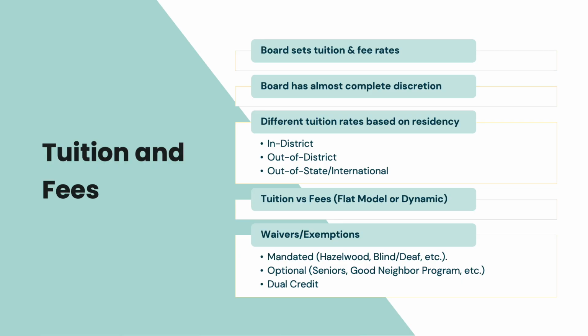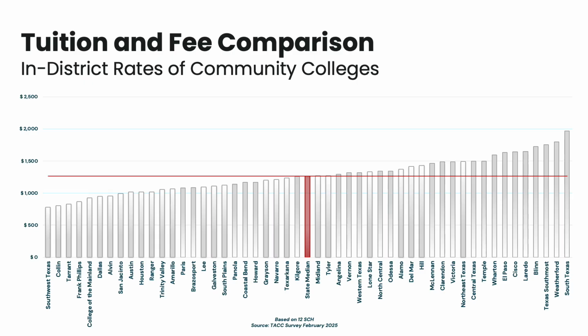So kind of going back, the reason I mentioned this is understanding what factors go into tuition and fees and whether fees are included in there. And so the idea here with the chart is, as Amanda said, not to look and memorize or compare yourself necessarily with others, but just to give you an idea of where you stand as an entity. This information actually came from the tax survey last February 2025.